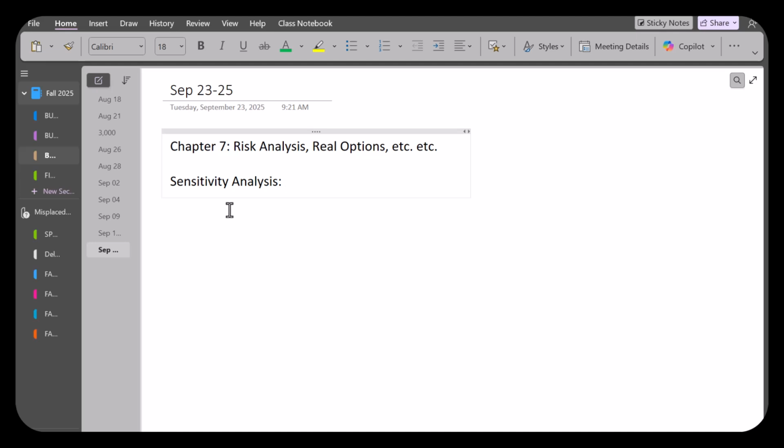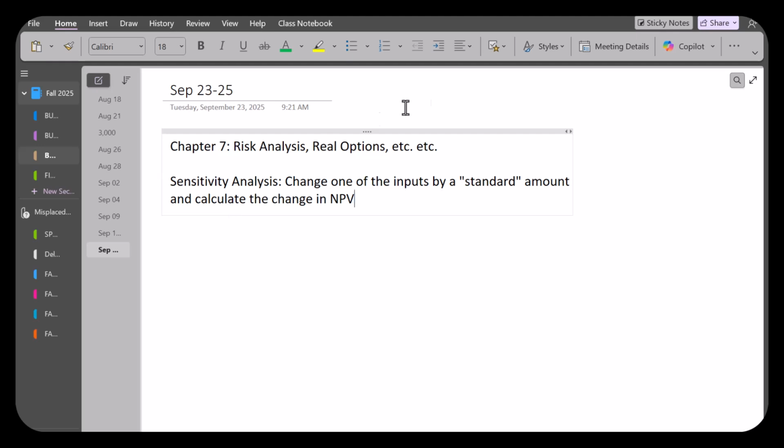Assume that values of inputs, except for one of them, are the same as the base case, and increase or change it by a standard amount and calculate the change in NPV or IRR or something like that, whatever your proper measure is.